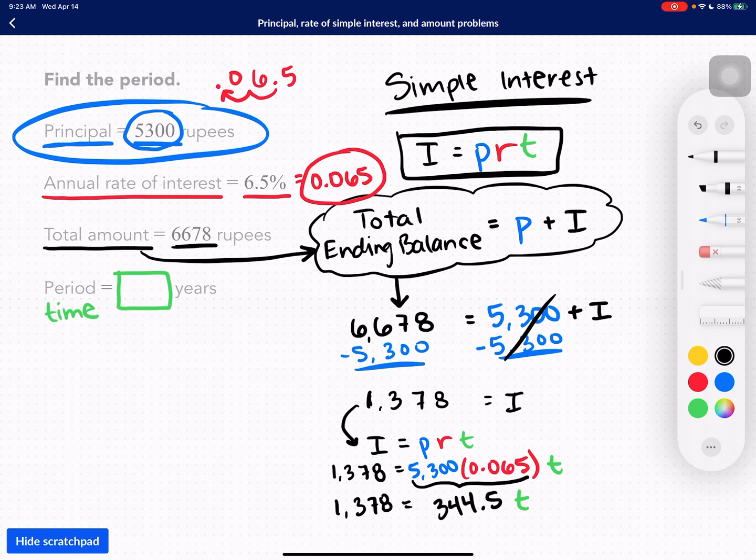So to undo that multiplication there, we need to divide both sides. There we go. Divide both sides by 344.5 to undo that multiplication times t to solve for t.